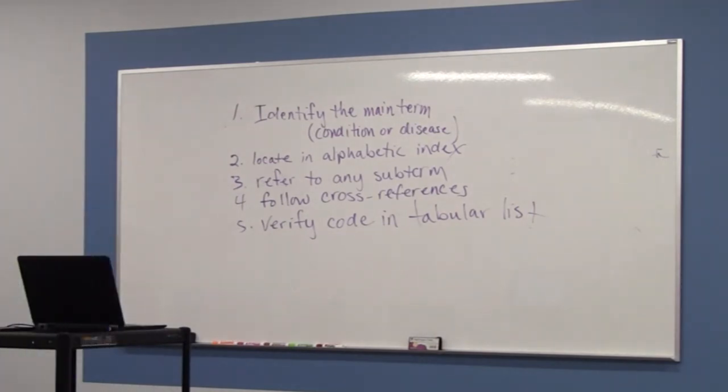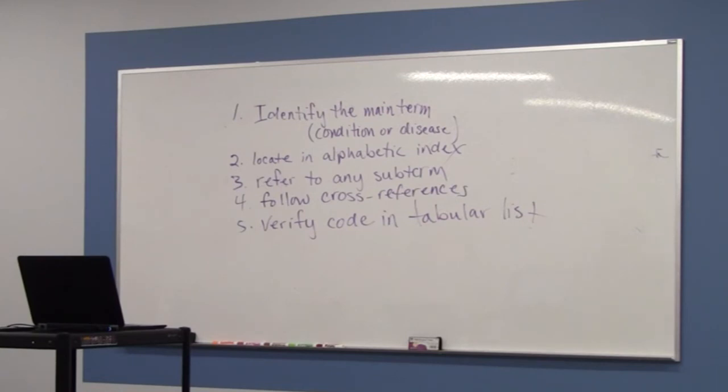Now, sometimes, let's go back to our back pain example, right? We looked up back pain and it took us to dorsalgia, right? So let's pretend it didn't say back pain, it just said dorsalgia, and maybe I'm not 100% sure what that means, okay? Sometimes it'll get you back there and you're like, I'm still not sure this is the right code, because it could be some weird thing like other foot conditions.